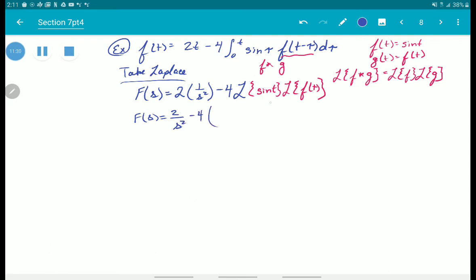So Laplace of sine of t is 1 over s squared plus 1. The Laplace of f of t is just F of s. So goal is the same as before, isolate F of s, so we need to move all those to one side.